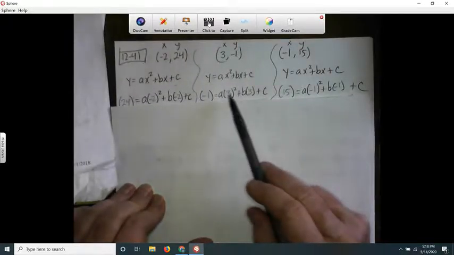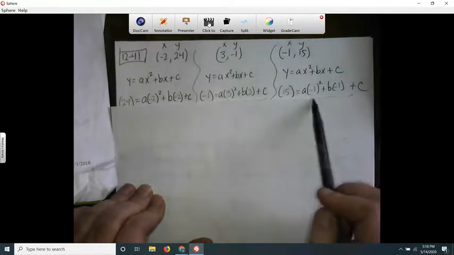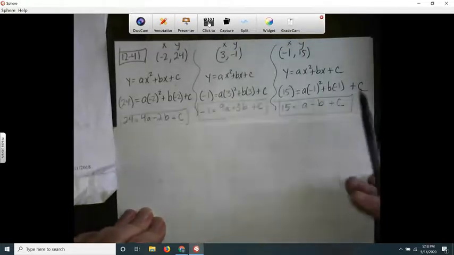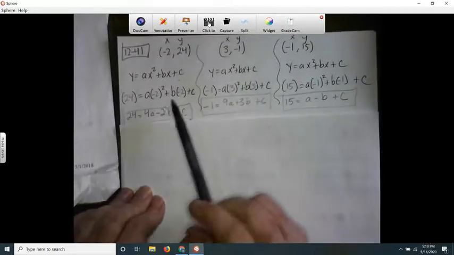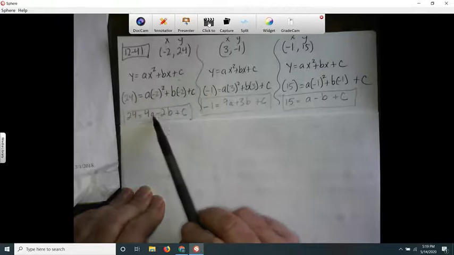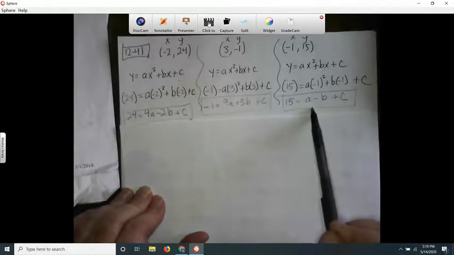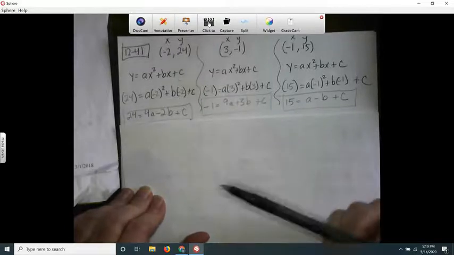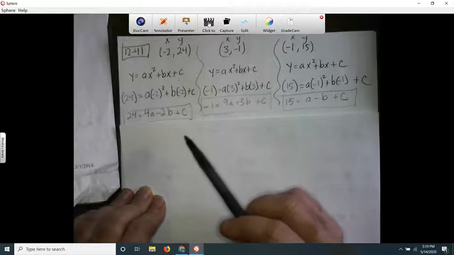Then I tried not to do bad arithmetic, cleaned it up, squared out my numbers, and ended up with these 3 equations. They're not in any nice form, but we have learned how to do systems of equations.